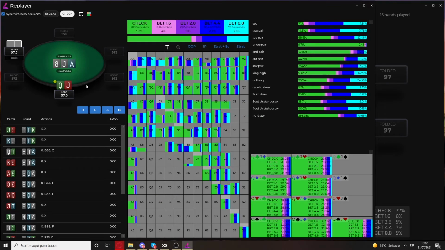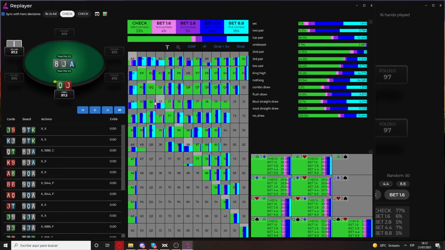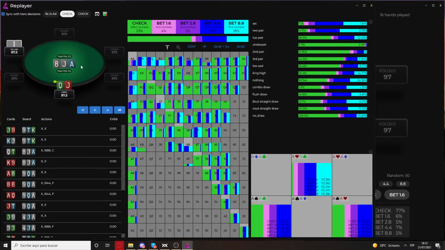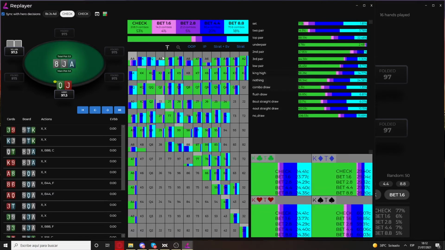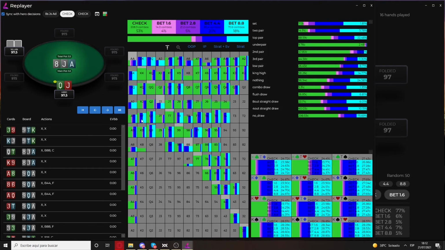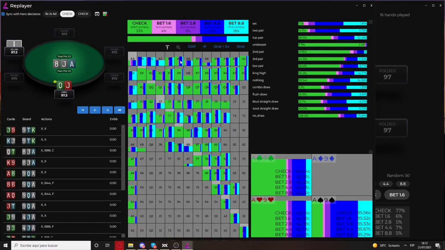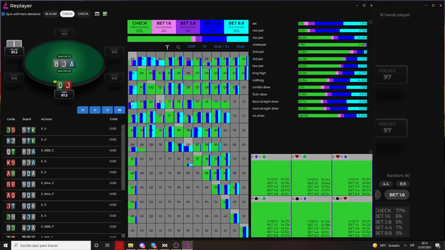Yeah, pretty much 10 to 20% betting frequency, and pretty much always to the smaller sizings and not to the overbet. By the way, when I'm saying small sizings on this board, I'm not really referring to the 1/3, since on these two-tone boards we know that there's not going to be a 1/3. When I say small, I just refer to not an overbet, essentially.